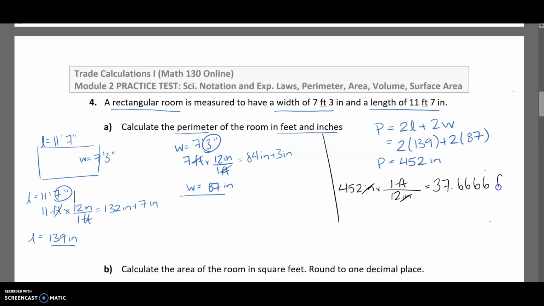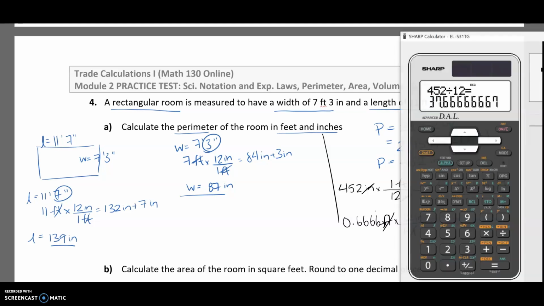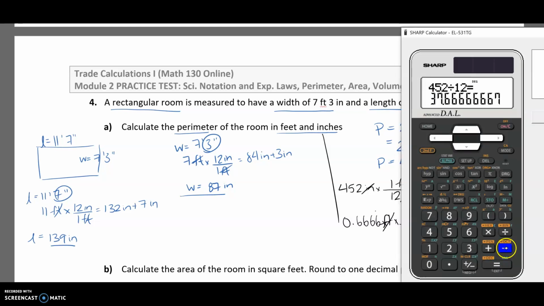So I got 37.6666 repeating feet. So my perimeter is 37 whole feet, and I want to convert this portion of a foot into inches. I want to make sure that I'm converting with that repeating decimal. That's feet. Set up my unit conversion. So I'm going to multiply by 12 inches to cancel out the units of feet. On the calculator, I can just take away the 37, the whole number. So I keep that repeating decimal on my calculator.